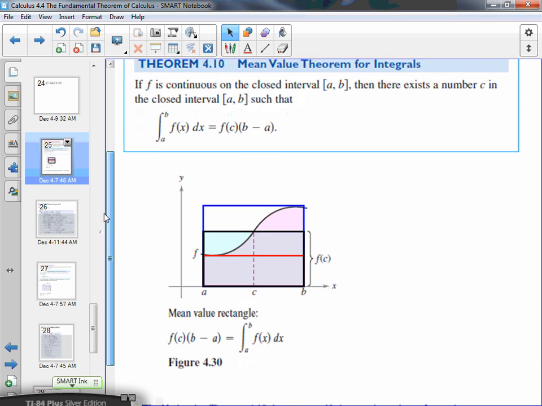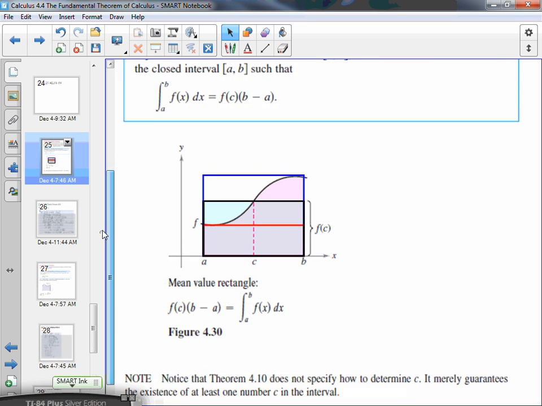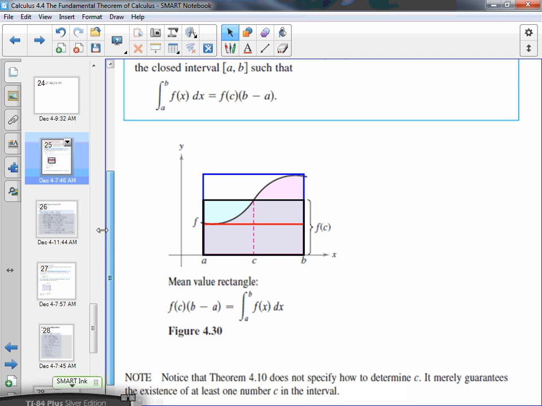So I made that one the black rectangle. Okay? I mean, it kind of stands to reason, right? If the area of the region is numerically between the area of the red one and the area of the blue one, shouldn't there be a rectangle between the red one and the blue one that has that precise area that we're looking for?